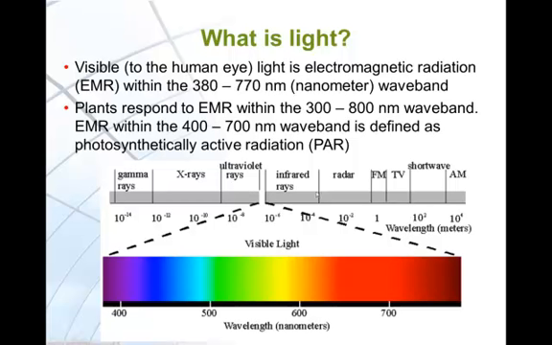So those are also electromagnetic radiation. But again, visible light is from 380 to 770, starting with very dark purple, going into blue, green, yellow, orange, red, and dark red, and finally you can't see. So that's the visible radiation, or light.